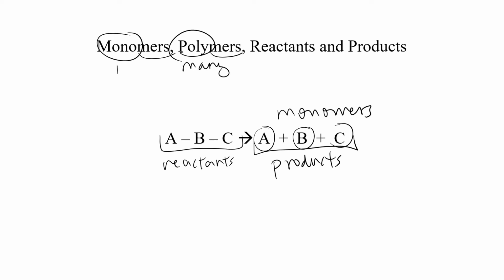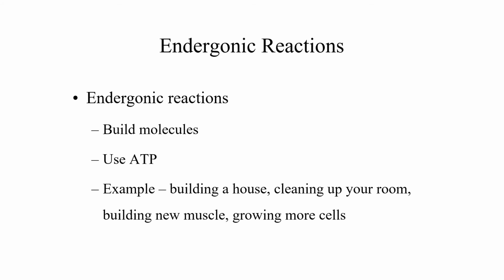A with a single covalent bond joined to B, which is joined to C with a single covalent bond. These are all linked together as a polymer. Okay, so in this reaction, your reactant is a polymer that breaks down into individual monomers, A, B, and C. Those are our products that we make here.